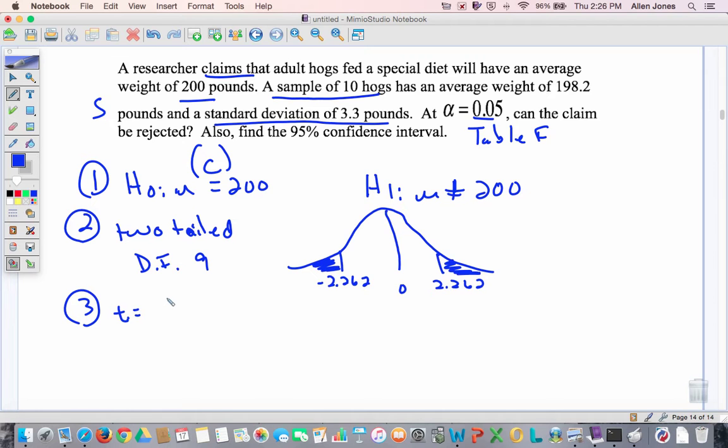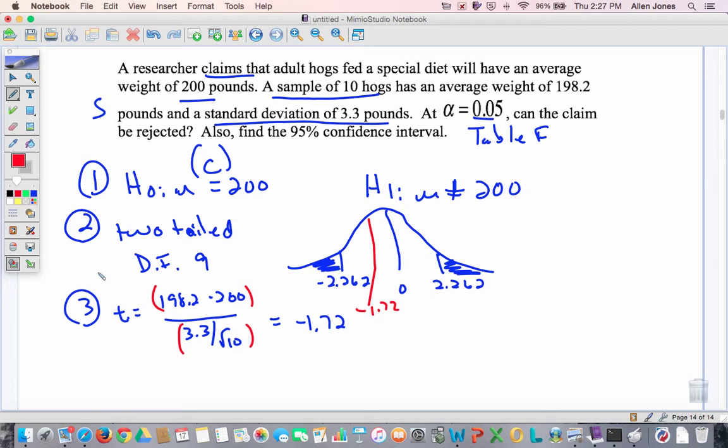Our test score is our sample mean of 198.2 minus our population mean of 200, over our standard deviation of 3.3 divided by the square root of our sample size, 10. Putting our parentheses in again as a reminder, and we get a test score of negative 1.72.